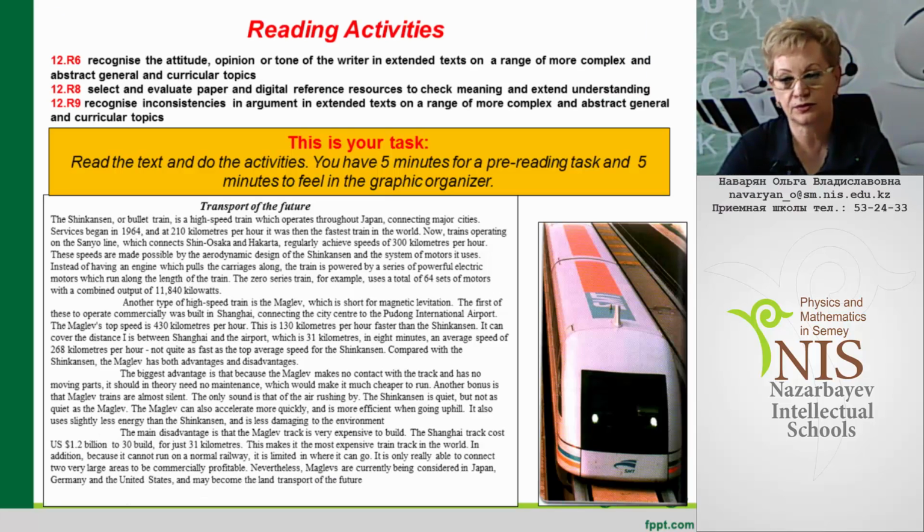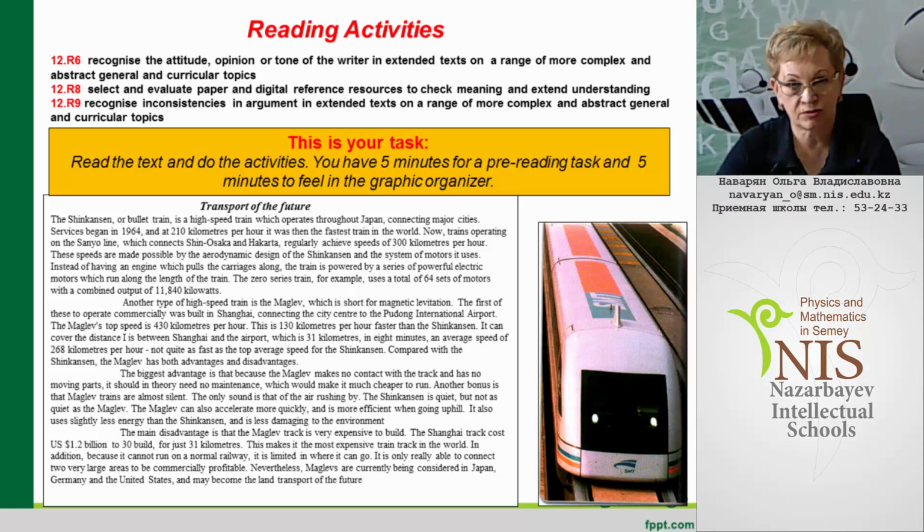Now we are going to discuss some reading activities. For 12th grade students, I have chosen a text, it's rather long, about transport of the future, about high-speed trains from Japan.